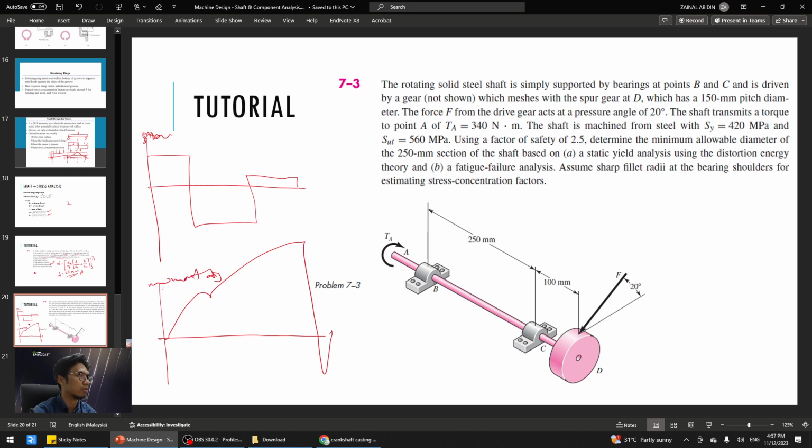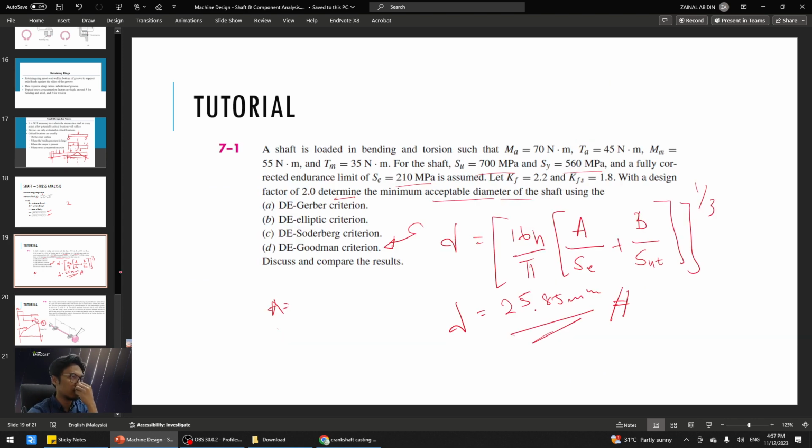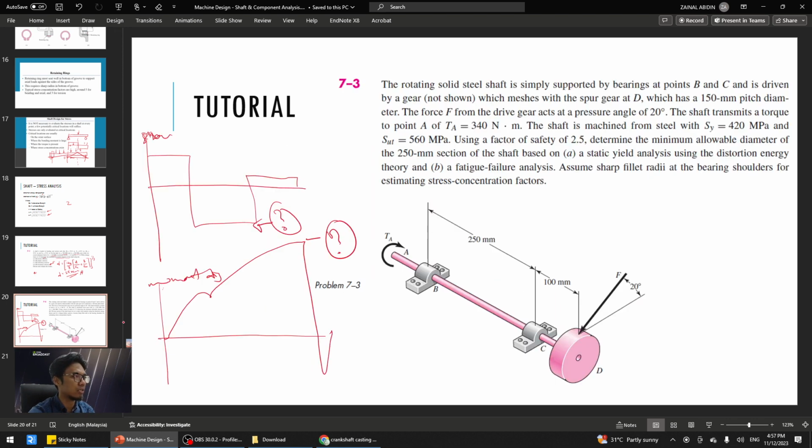So you need to find this highest value berapa, this higher value berapa. So those values you can plug into this formula and you can find what is the dimension supposedly for this shaft. Okay, we will go into that on the tutorial side.